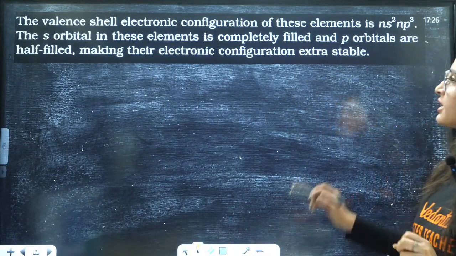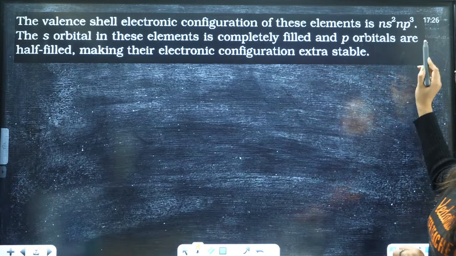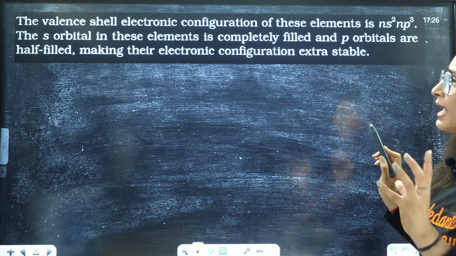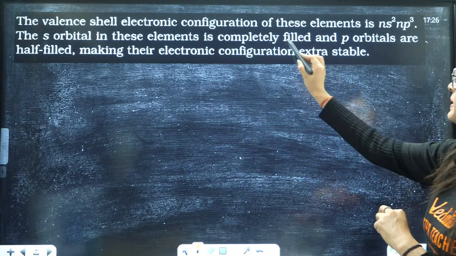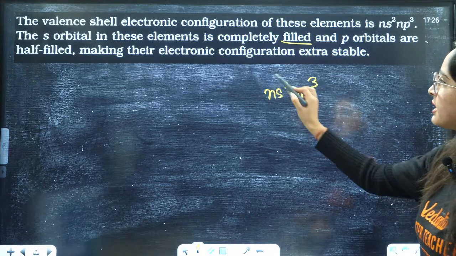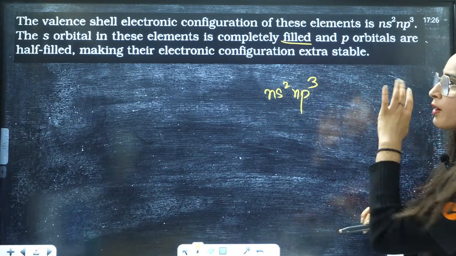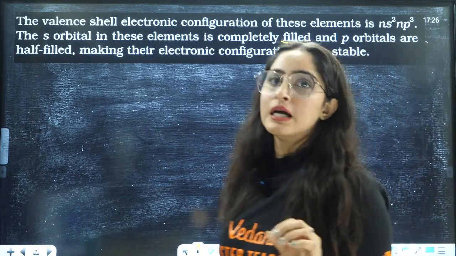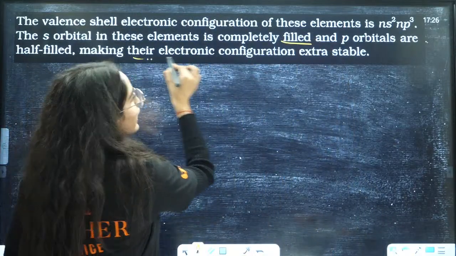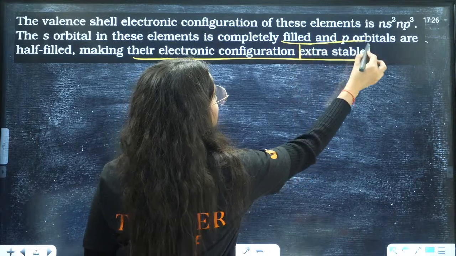The valence shell electronic configuration of these elements is ns2np3, that we know. The s orbital is completely filled, ns2, and the p orbitals are half filled, np3. Whenever you have any half filled configuration, it will give extra stability.